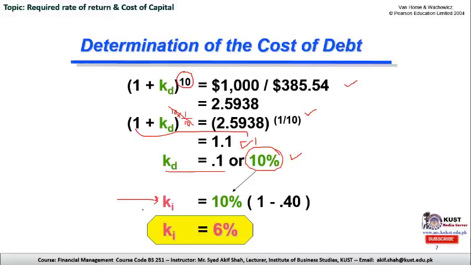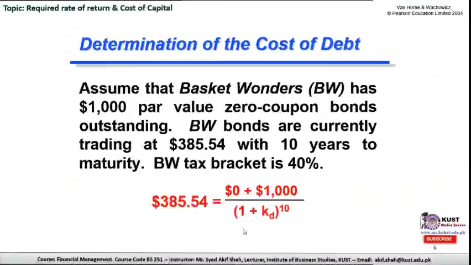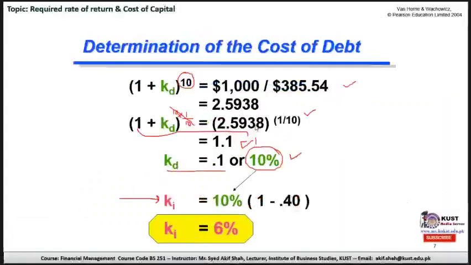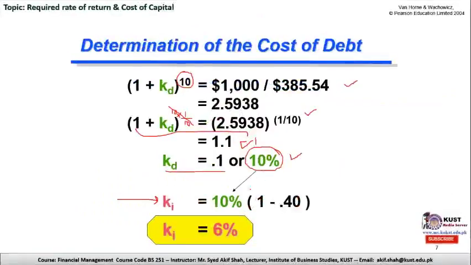In order to find it out, we have to use the yellow box formula, which is Ki is equal to Kd into 1 minus tax rate. By plugging the relevant data into the formula, 10% into 1 minus 0.40, we come up with 6% after tax cost of debt for this instrument.